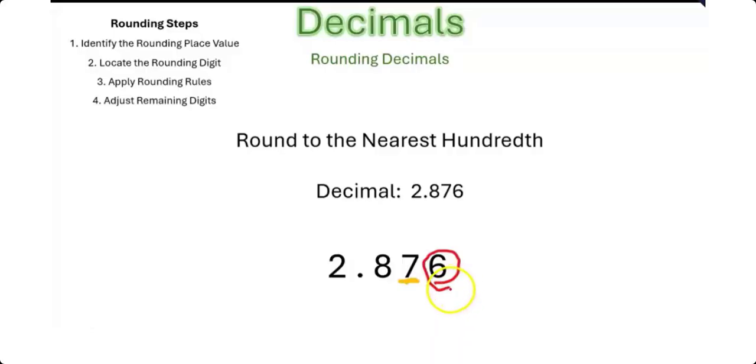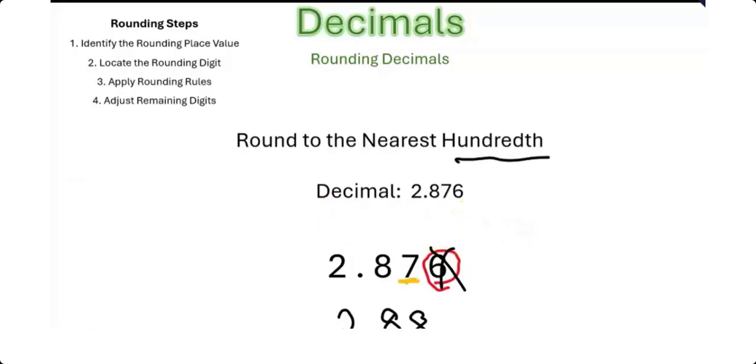Now, since 6 is 5 or more, that means our 7 is going to round up. So when we rewrite this number, it's going to be 2 and 88 hundredths. And then you drop the 6 because it rounded the 7 up to 8. So 2 and 88 hundredths. That is rounded to the nearest hundredths place.